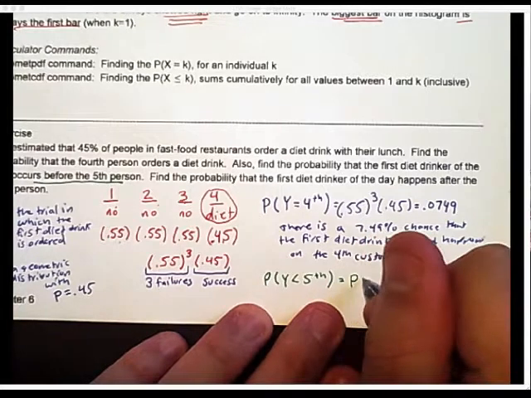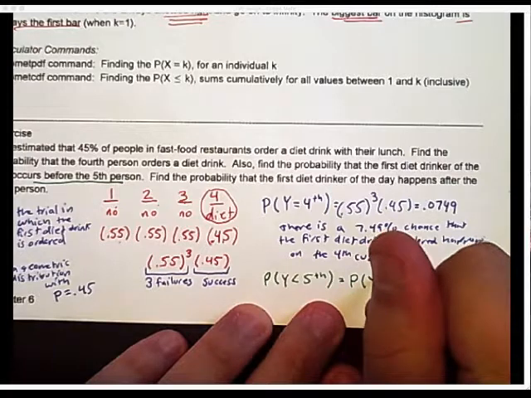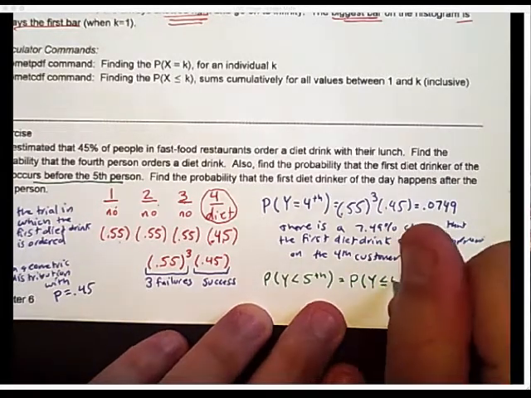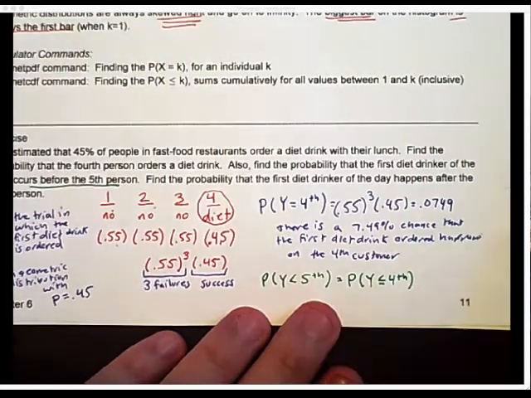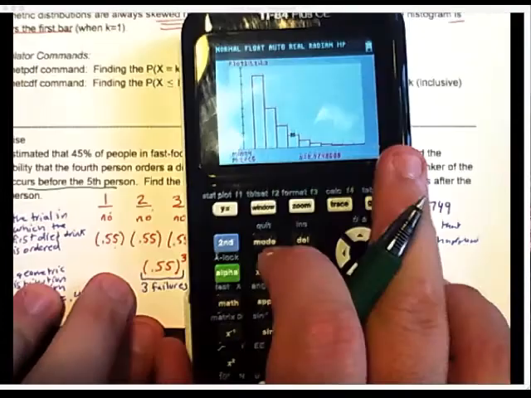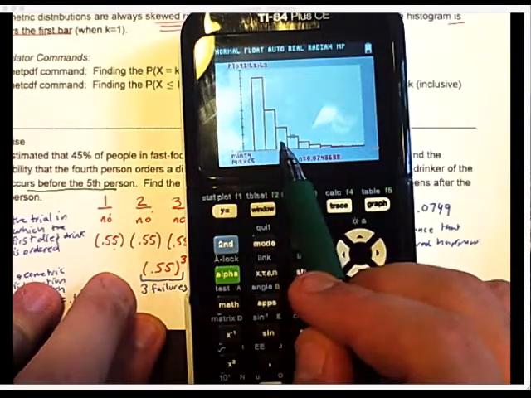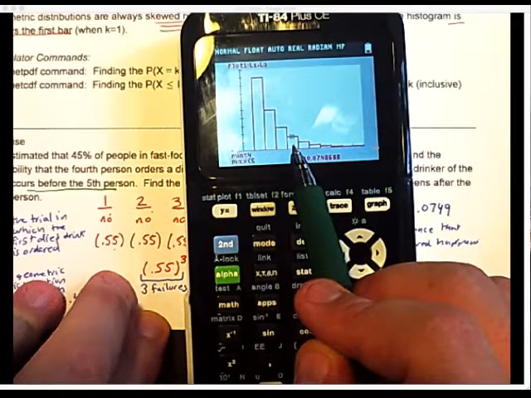Well, just like in binomial CDF, being less than 5 is equivalent to being less than or equal to the 4th. Right. So we can do this several ways. Okay. We can add up the heights of the first, second, third, and fourth bar. We could do that.